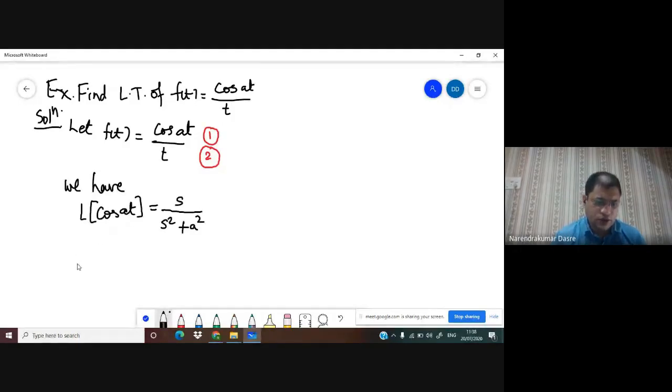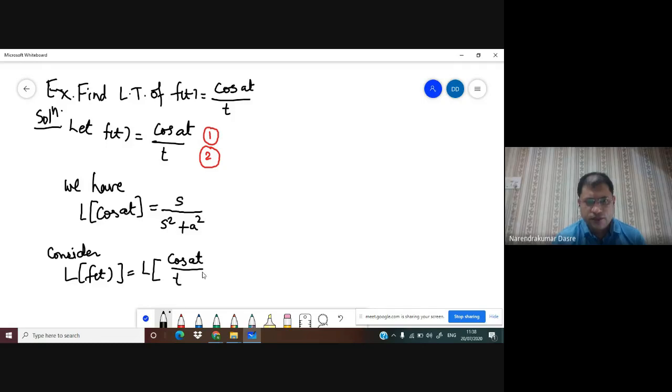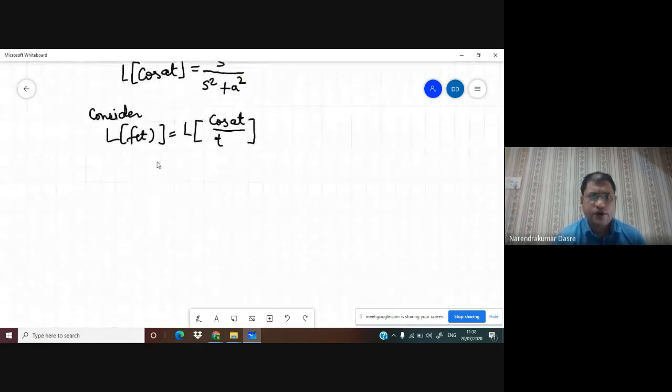Okay, so let us then consider Laplace transform of f of t. So what is that going to be? Laplace transform of cos of at upon t. Okay, this is what we want to find.